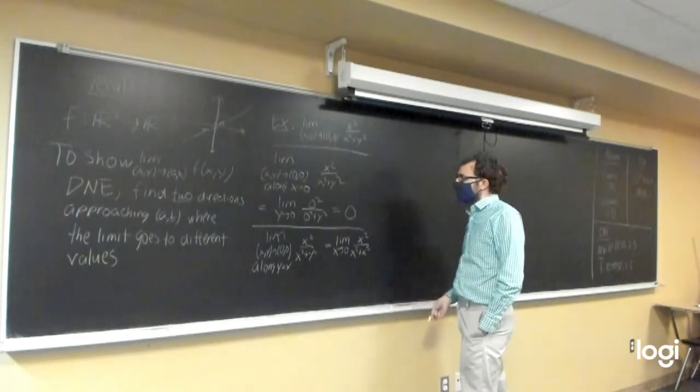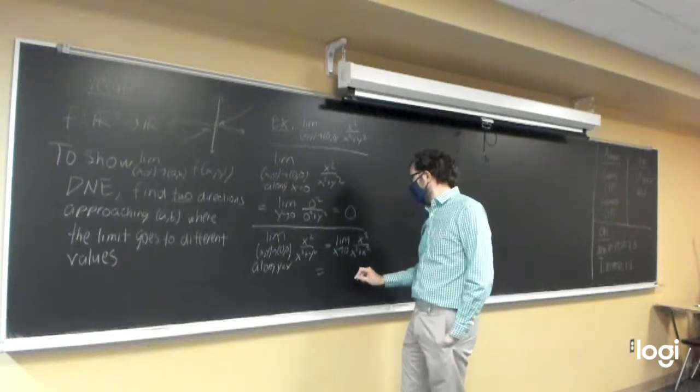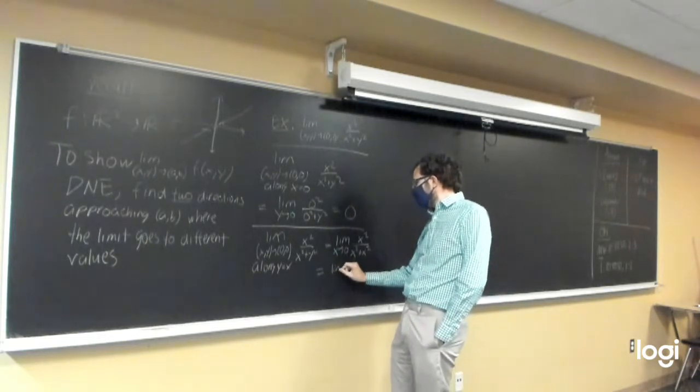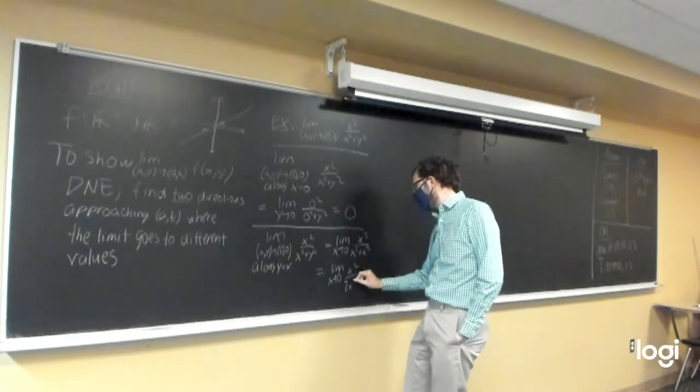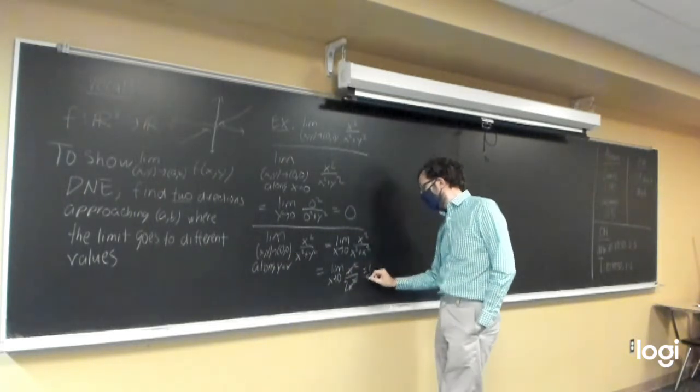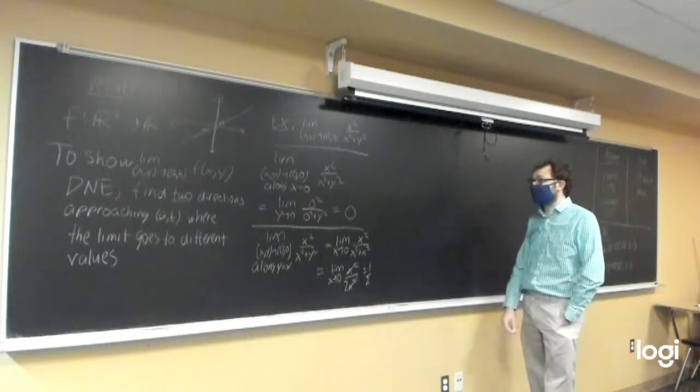And if we take a limit along this direction, we would get a limit as x goes to 0 of x squared over 2x squared, which would come out to a half.